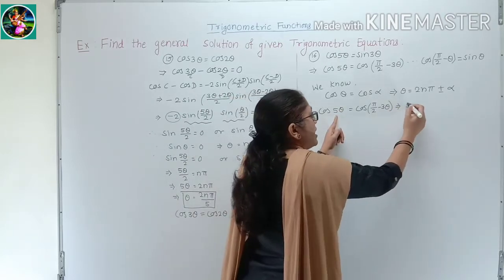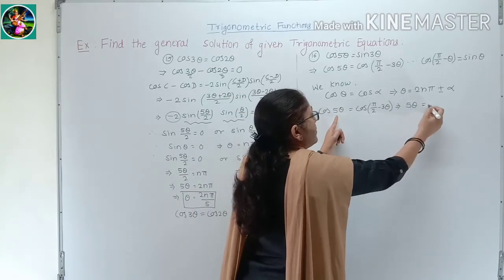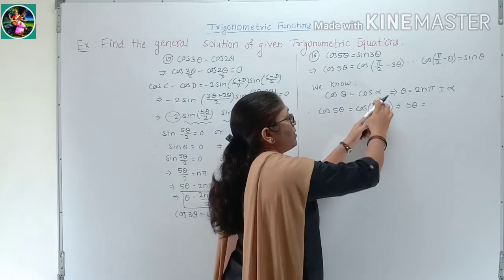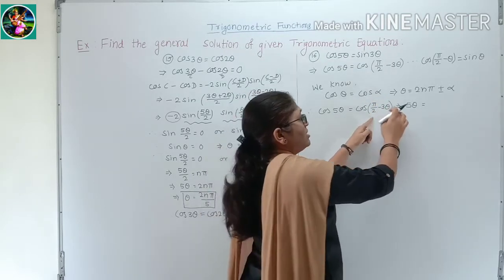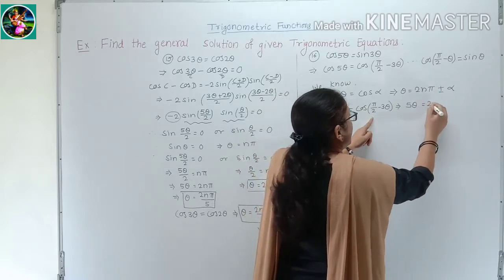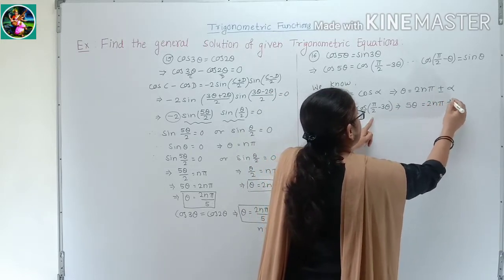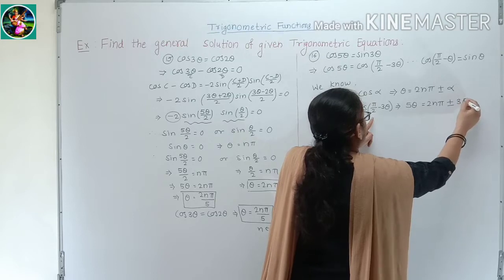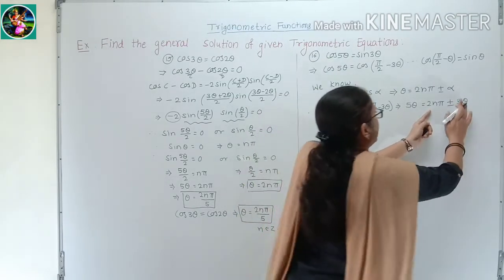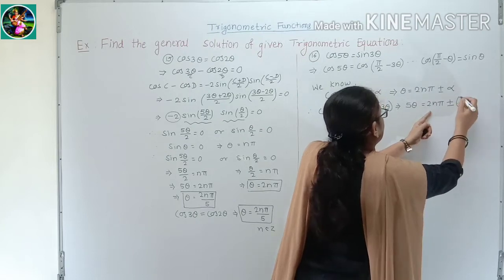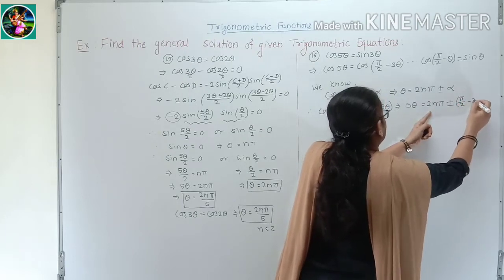Therefore, here we write 5 theta is equal to, and instead of alpha we have pi by 2 minus 3 theta. Therefore, we write here 2n pi plus or minus of pi by 2 minus 3 theta.